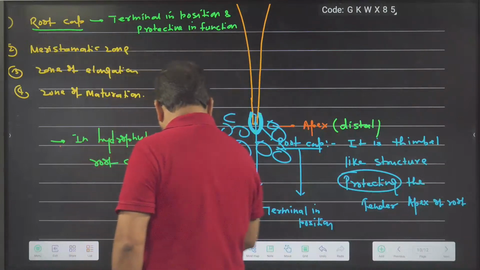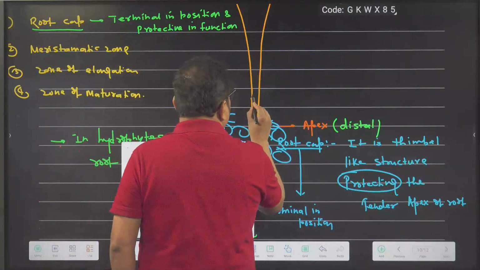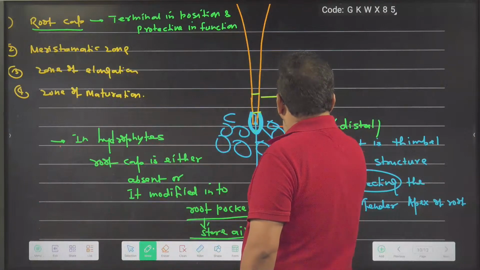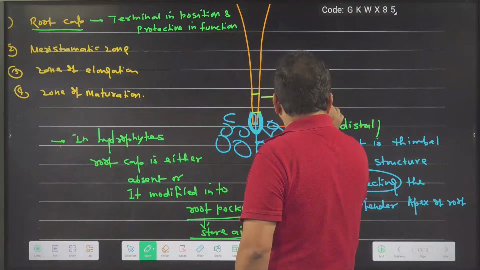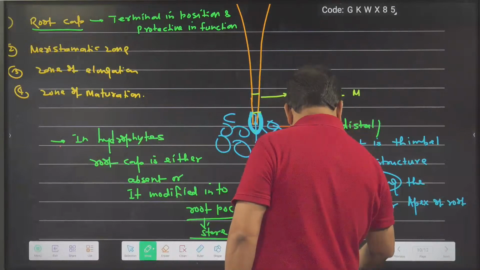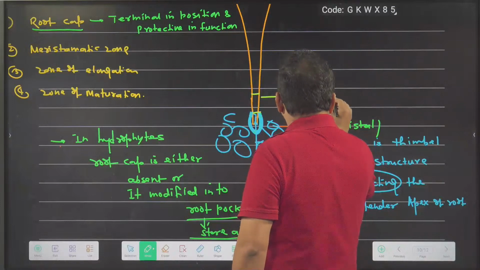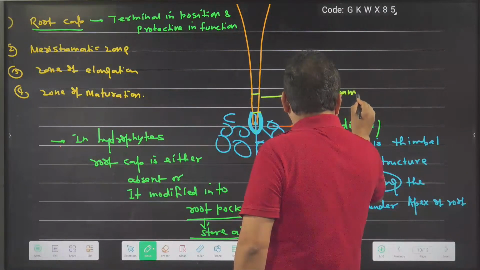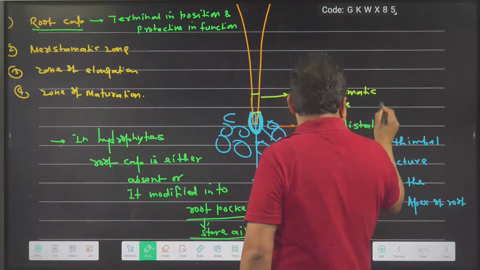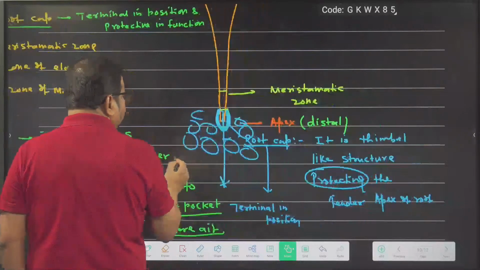Now NCERT wrote a line that few millimeter proximal to root cap, who is there? Meristematic zone is there. These meristematic zones are also called zone of cell division.